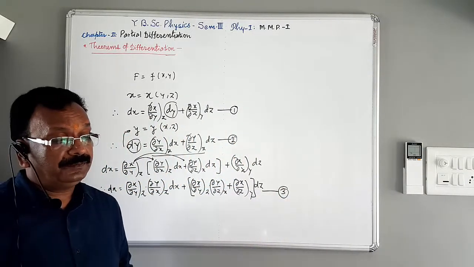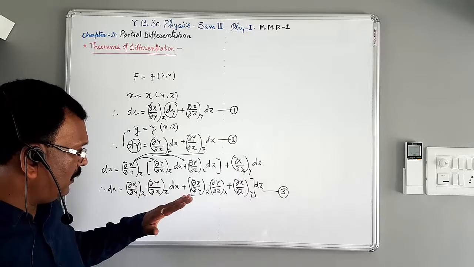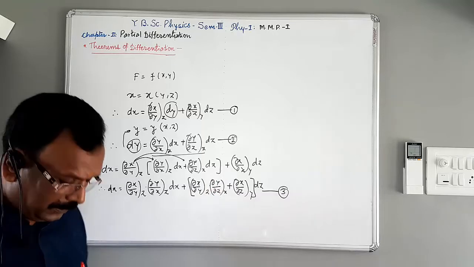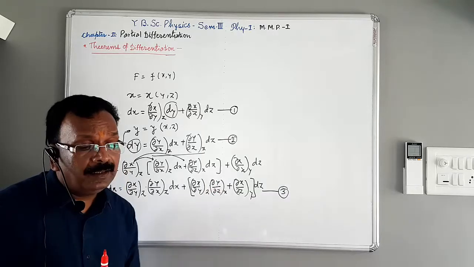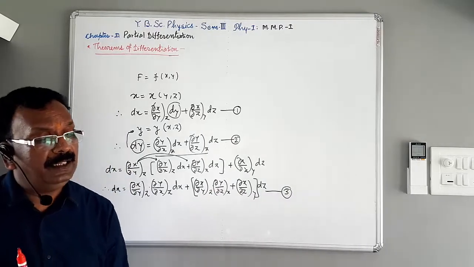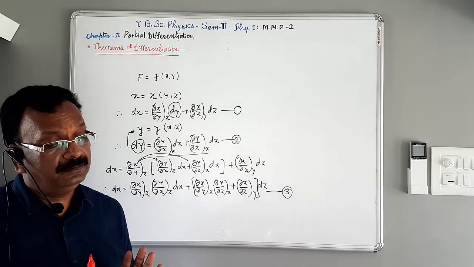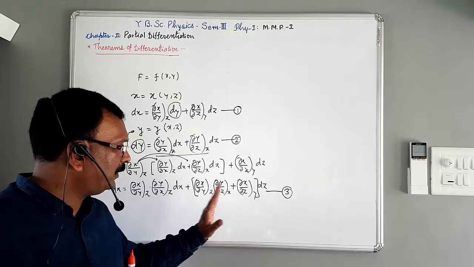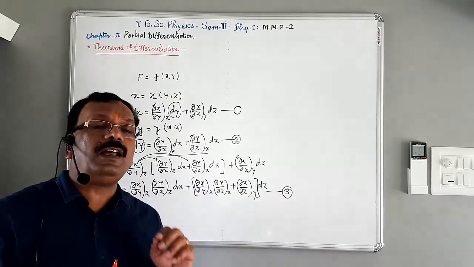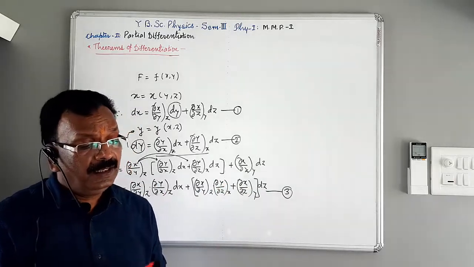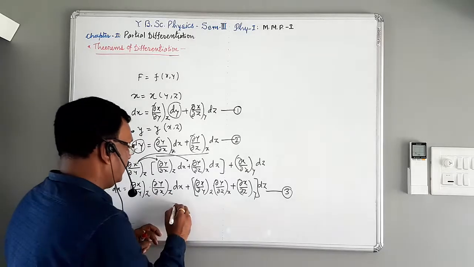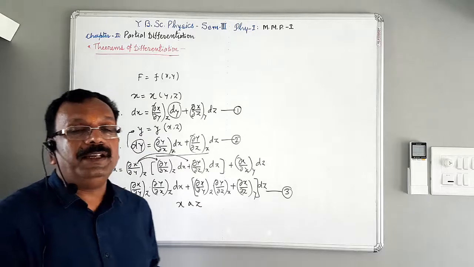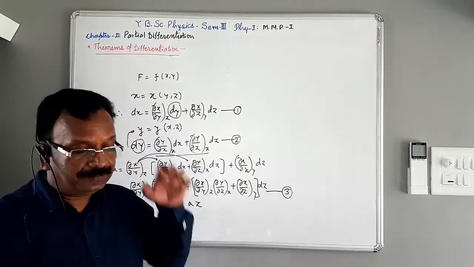This equation 3 consists of 3 variables x, y and z. Out of these 3 variables, any 2 are independent coordinates. Let us choose x and z as the 2 independent coordinates or variables.